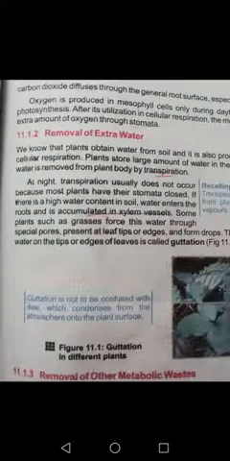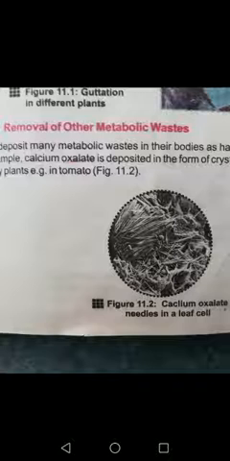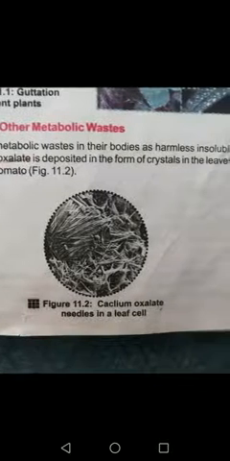Next is removal of other metabolic waste. How are other metabolic wastes removed? Some plants like tomatoes convert their metabolic waste into harmless substances and they remain in their bodies. So metabolic waste is not removed; it remains in their bodies as harmless insoluble materials.